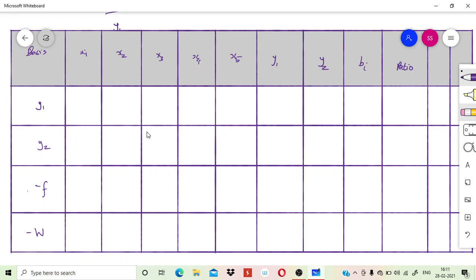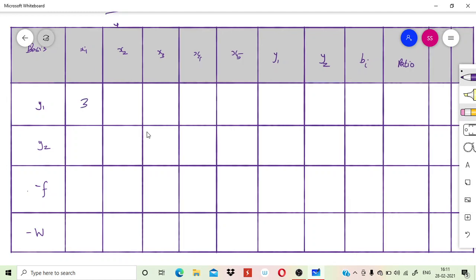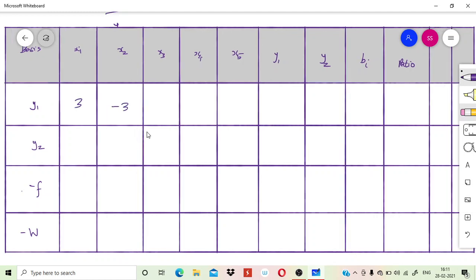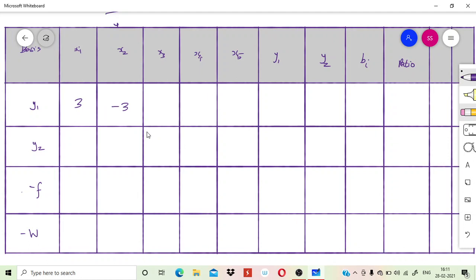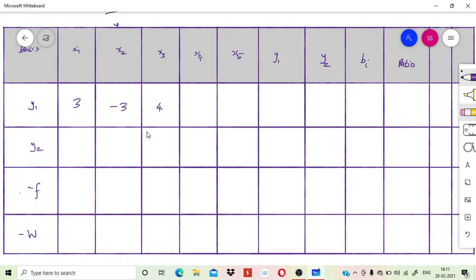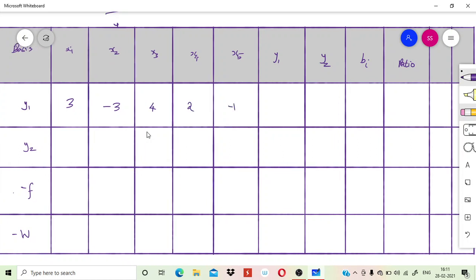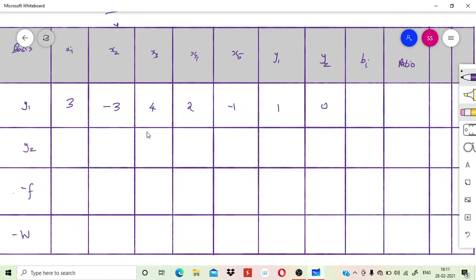That means we are converting the whole system into matrix or tabular form. So here it will be 3 and minus 3, then 4, 2, minus 1, 1, 0, 0.